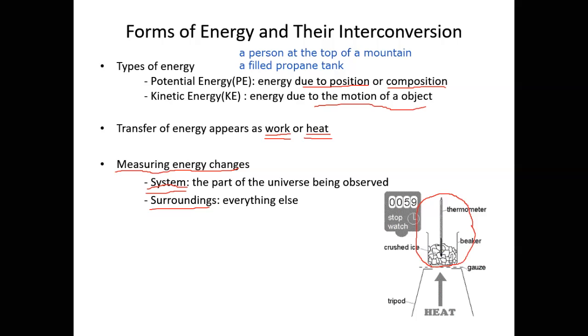So what's happening in this example is heat is leaving the surroundings and going into the system. So the system is absorbing heat because it's going from the surroundings into the system. So here the system would be a positive heat. It's absorbing heat. So again, you have to determine what the system and surroundings are when doing your energy change. So in this case, the system is our beaker. The surroundings are our Bunsen burner and everything else. So the system is absorbing heat.